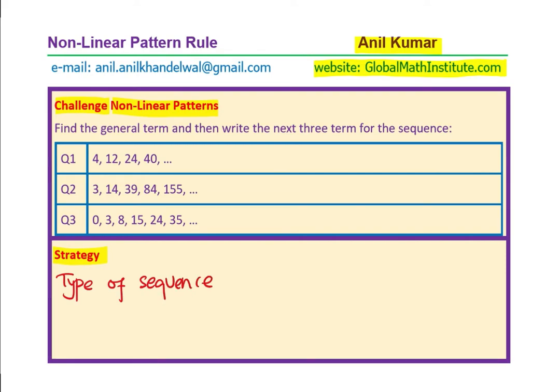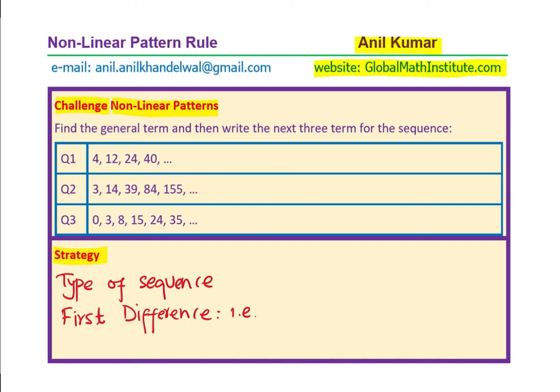The best way to find the type of sequence is to figure out the first difference. First difference is the difference between consecutive terms.